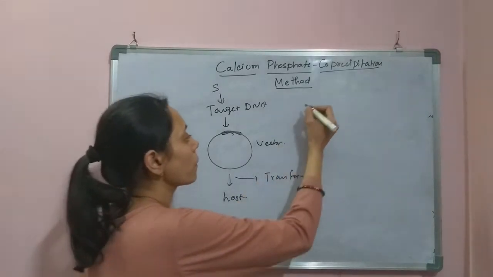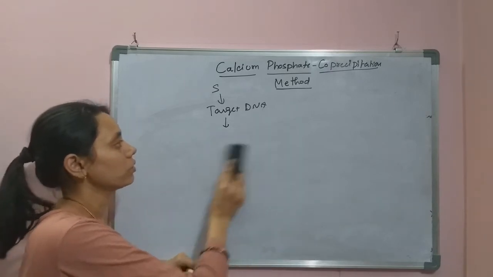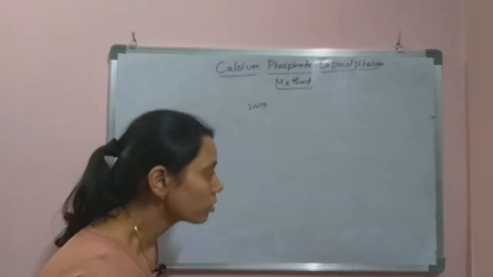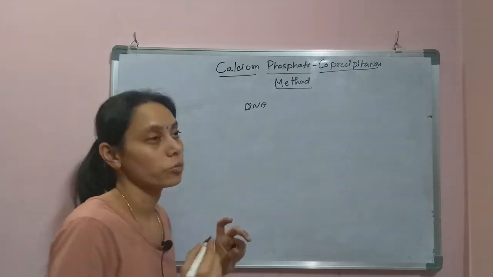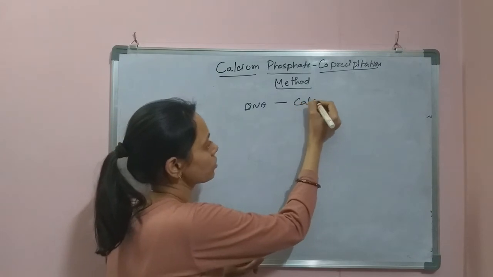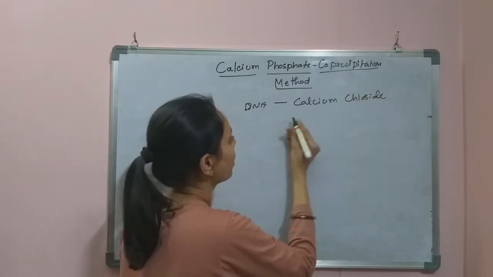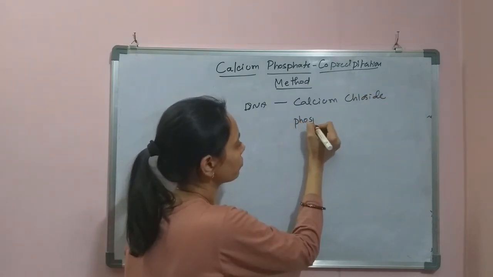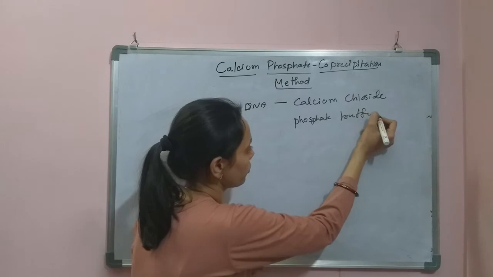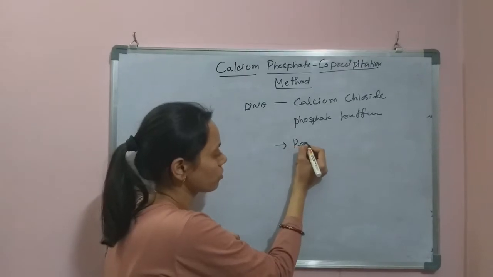In the calcium phosphate co-precipitation method, the DNA that is going to be introduced into the host cell will be treated with calcium chloride and phosphate buffer, in the solution of phosphate buffer, and that needs to be incubated for a while at room temperature.